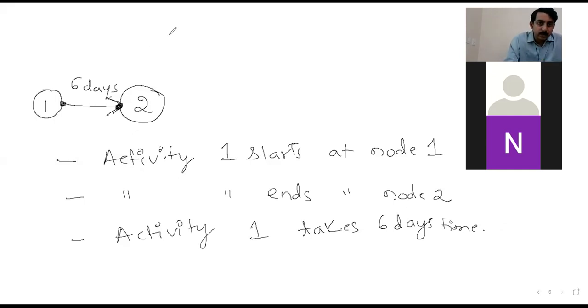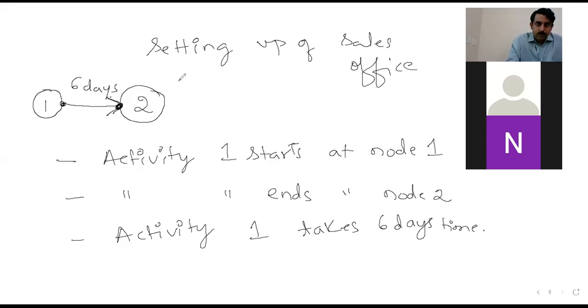So this activity is what it is called as setting up of sales office. Okay, node actually doesn't represent anything. It only represents start and end of an activity.